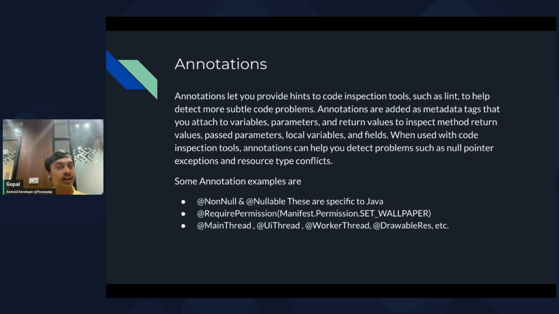We cannot pass any random integer like 1, 2, 3, 4. So these kinds of annotations help us avoid silly mistakes and silly crashes. They also help us review PRs faster, because the small issues that we used to check during PR review are now eliminated with our custom lints.